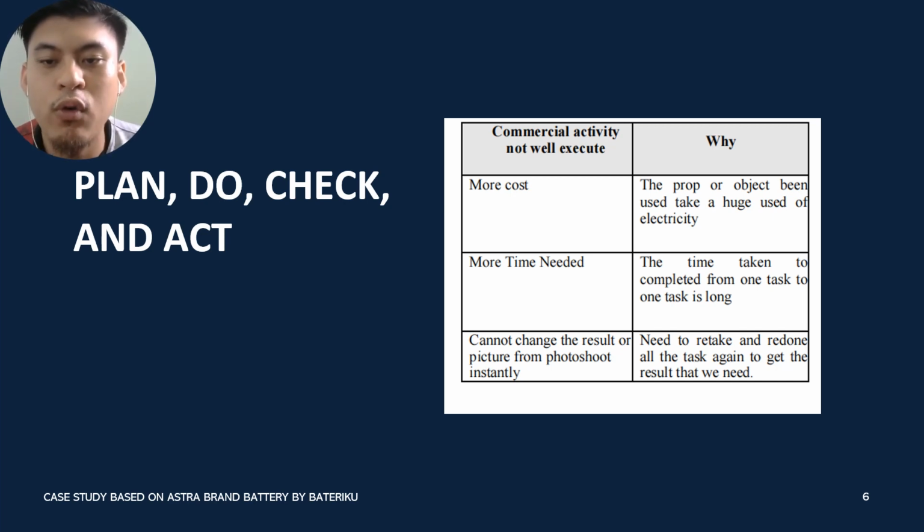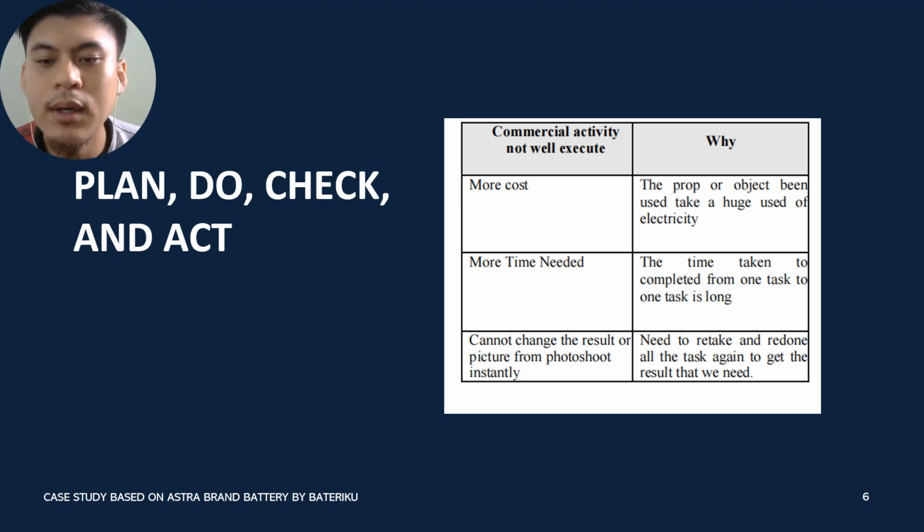Because the props or objects being used take a huge amount of electricity. For example, when we do a photo shoot, we use powerful lighting that needs a lot of electricity supply. So this makes the bills for the company increase.